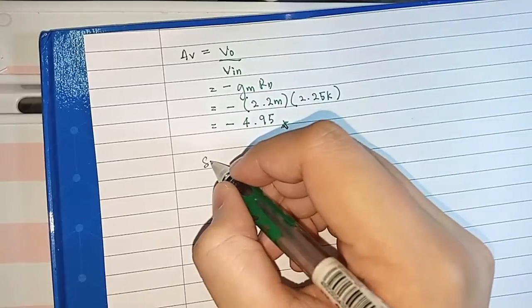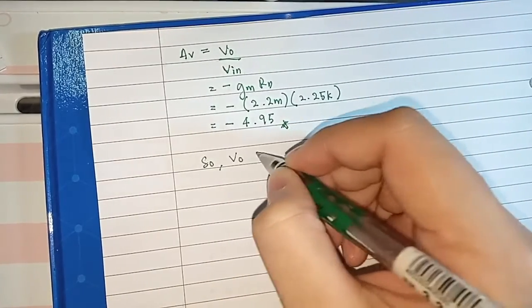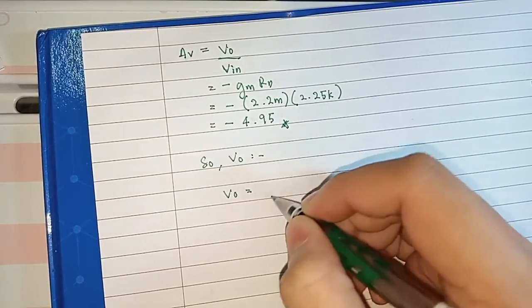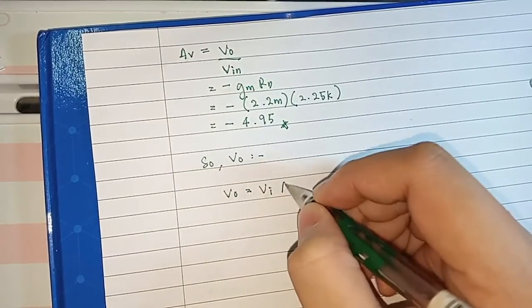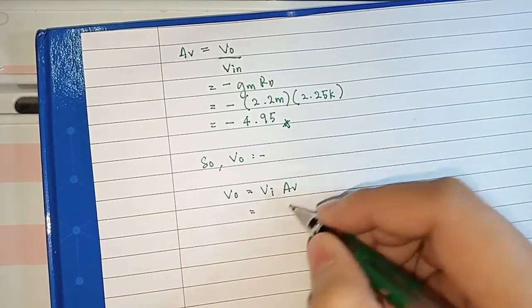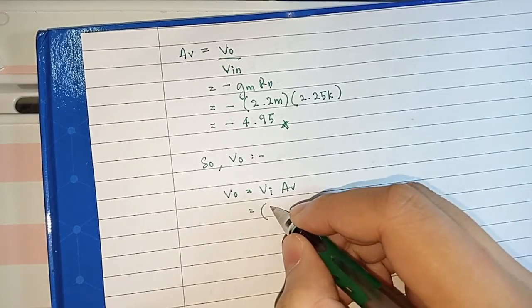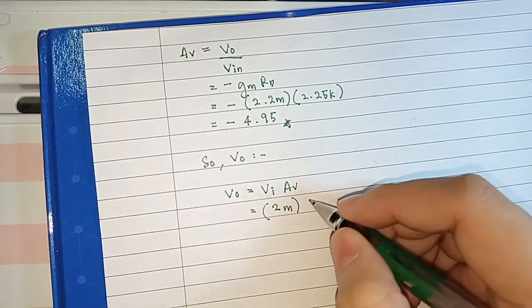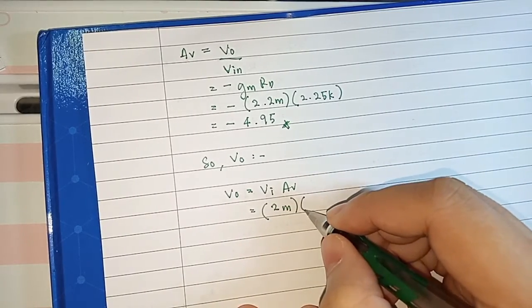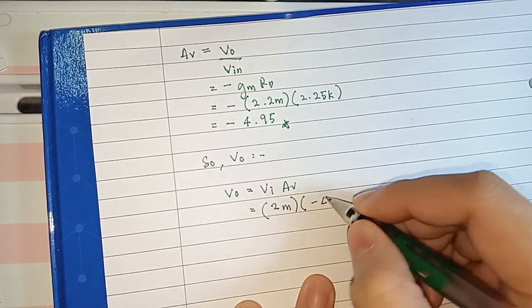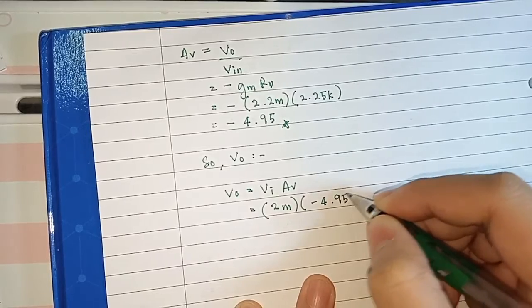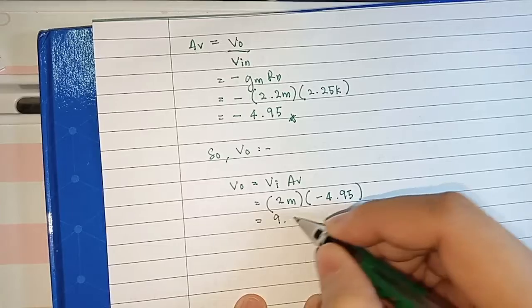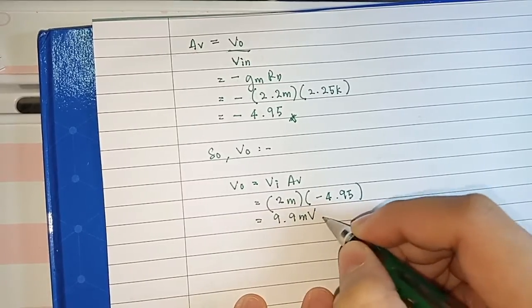And so VO equals Vin AV. Vin is 2 milli, which was given in the question, times AV, which is negative 4.95. So we get Vout as 9.9 millivolt.